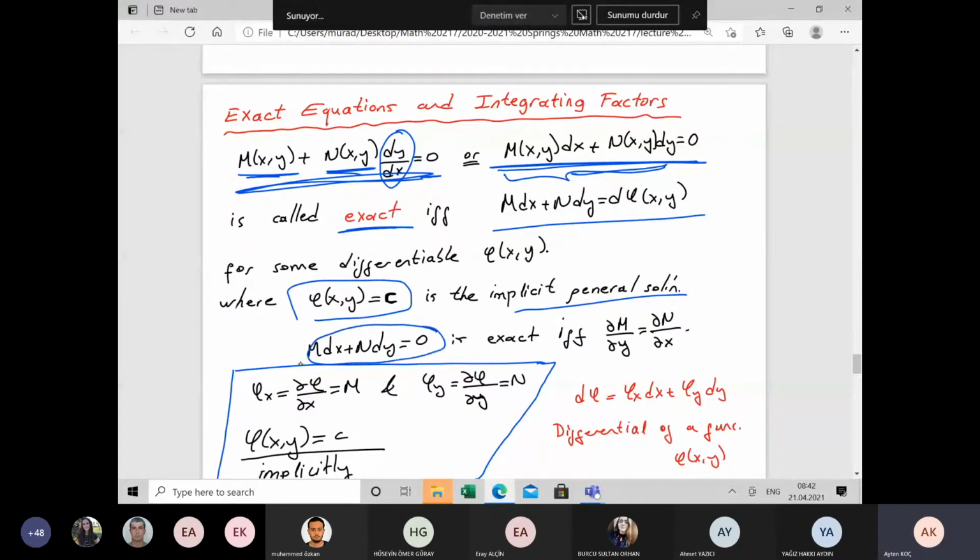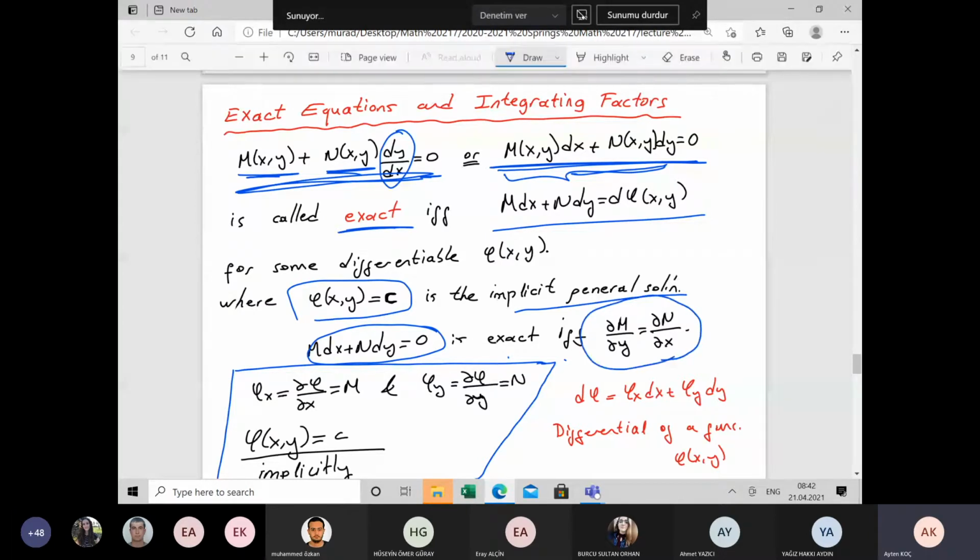Our equation is exact if and only if the partial derivative of M with respect to y is equal to the partial derivative of N with respect to x.